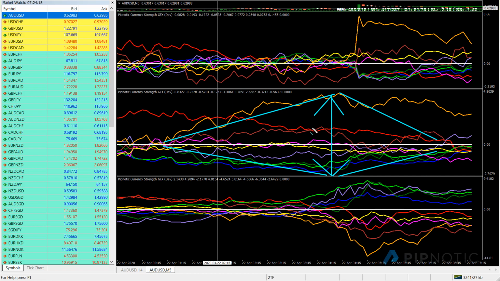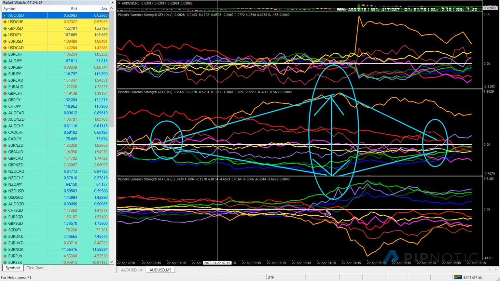Okay, so we had this nice split, so we had currency strength divergence, we reached these extreme levels here in the middle, and now we have currencies beginning to converge again. So we have a period of divergence starting from here, we have max expansion, and then we have convergence. Okay, so that's what we're seeing here.